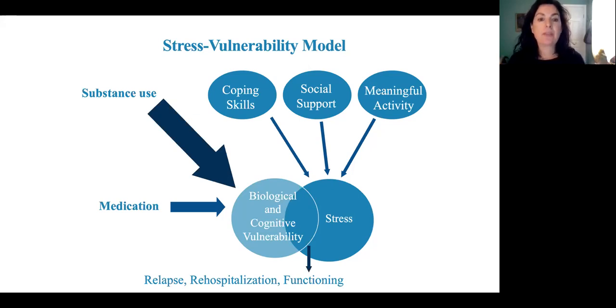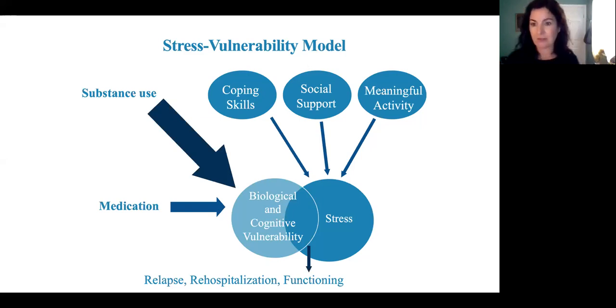In the stress vulnerability model, there's a biological vulnerability that can be genetic or neurobiological in nature. And then there's the stress: if the person has that biological vulnerability and then has a stressful event or a series of stressful events or a traumatic event, oftentimes that catapults them into the emergence of whatever symptoms come out for whatever condition they have.